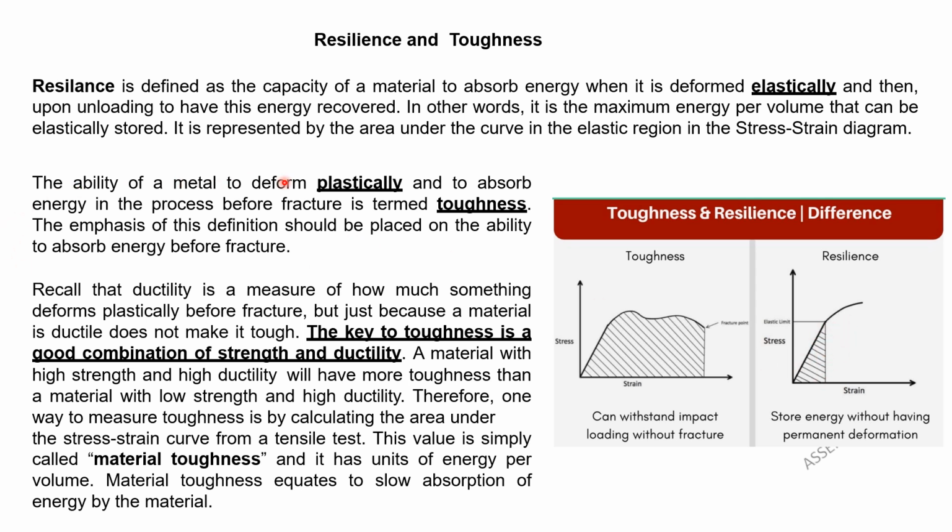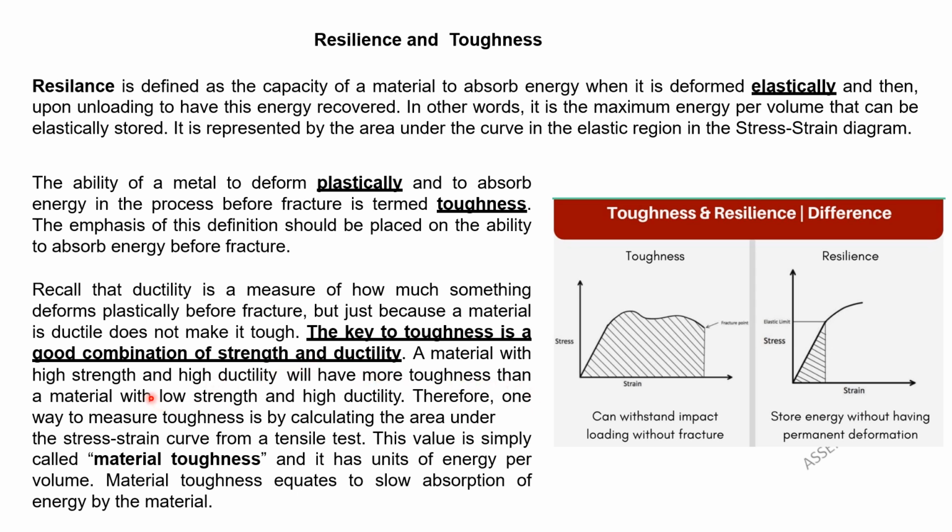The ability of a metal to deform plastically and to absorb energy in the process before fracture is termed toughness. The emphasis of this definition should be placed on the ability to absorb energy before fracture. Let us recall ductility. It is a measure of how much something deforms plastically before fracture, but just because a material is ductile does not make it tough. The key to toughness is a good combination of strength and ductility.